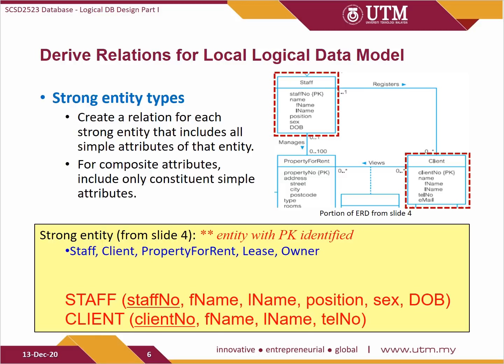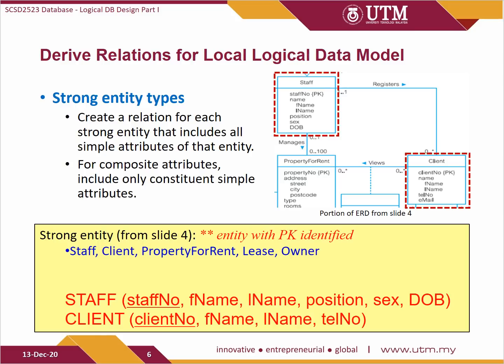For each strong entity in the local conceptual ERD, create a relation that includes all the simple attributes of that entity. For composite attributes such as name, include only the constituent simple attributes, first name and last name, in the relation.